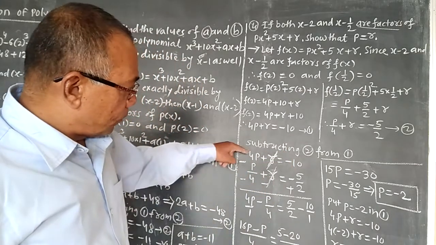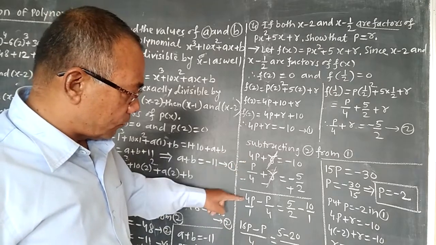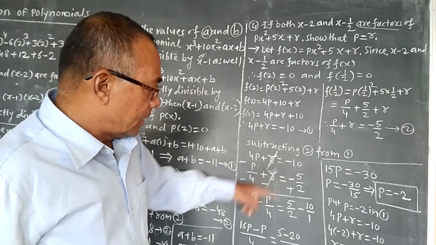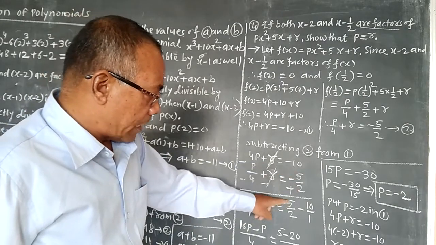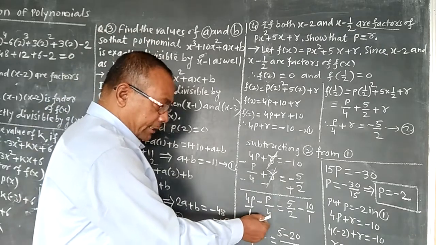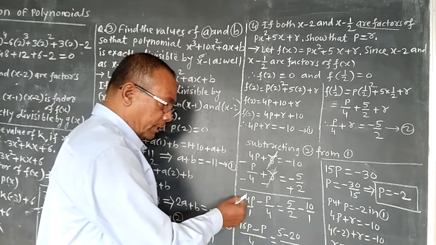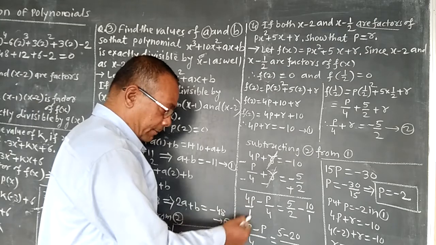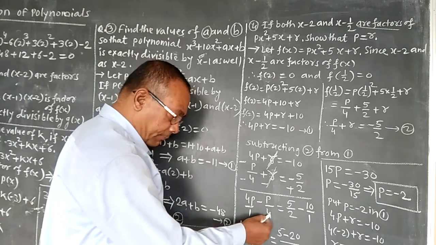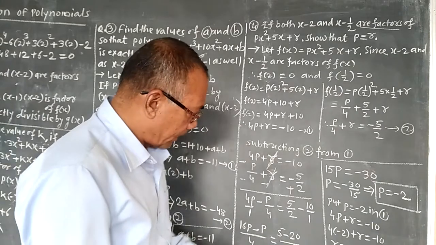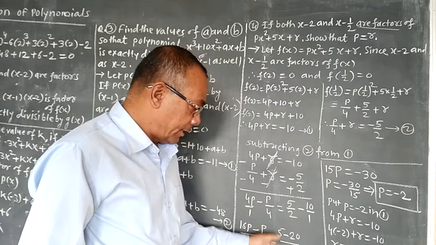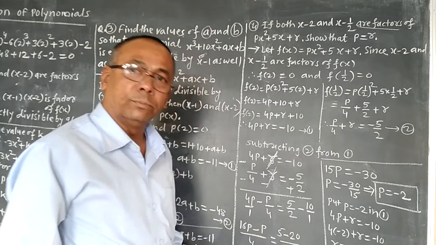So 4p minus p upon 4 is equal to 5 upon 2 minus 10, and now here denominators are not the same, so we have to cross multiply.